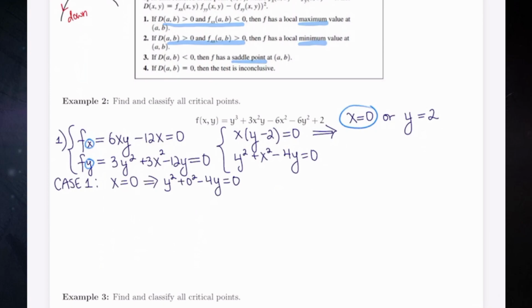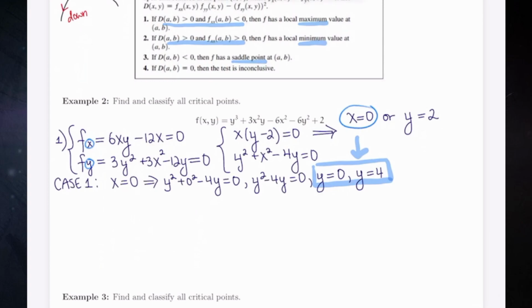And that is easy to solve because now we have one variable. And from here, we can see that y is equal to 0 or y is equal to 4. Let's highlight this. This is going to go with this condition. If x is equal to 0, then y is either 0 or 4. That's going to give us 2 points.